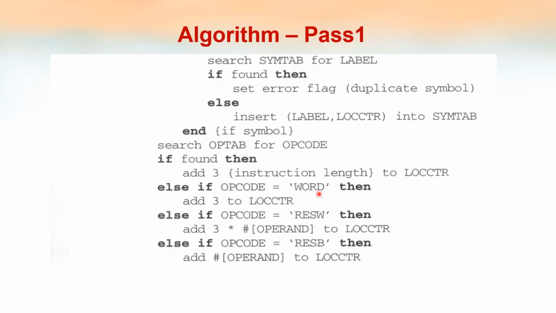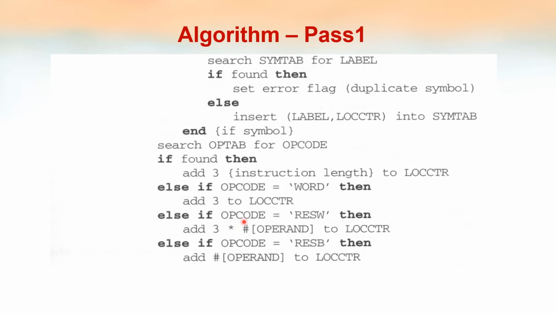If opcode equal to word, then we add 3 to the location counter. Word means it's a constant, one word value. One word means 3 bytes. Every time we have to add the number of bytes to the location counter, so we add 3 here.